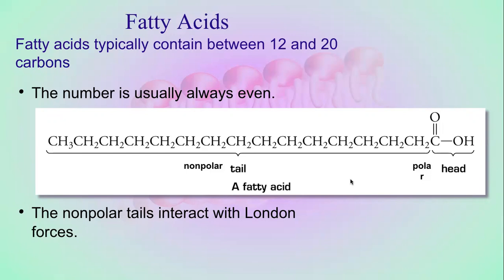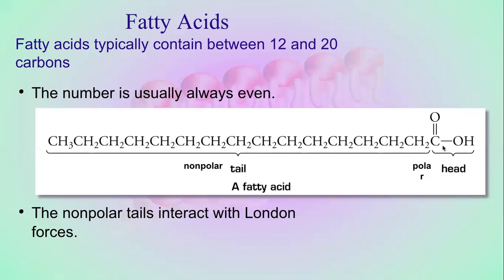So we're going to describe a fatty acid in these different regions. We're going to say that this long hydrocarbon here is the nonpolar tail. And then we have this carboxylic acid group, which we should recognize from our lecture last week, where we talked about organic molecules and those functional groups.